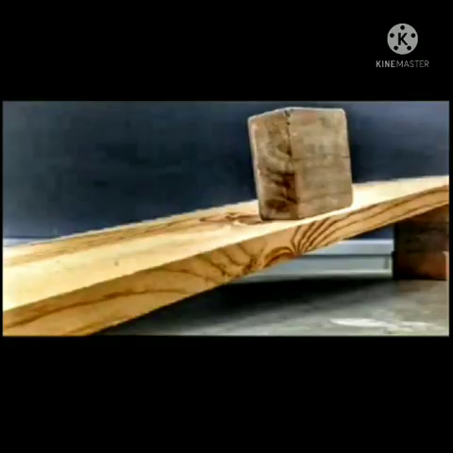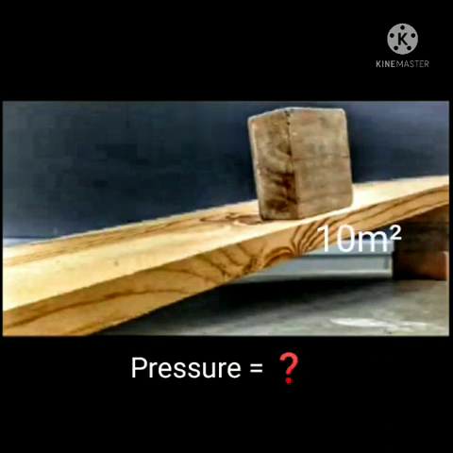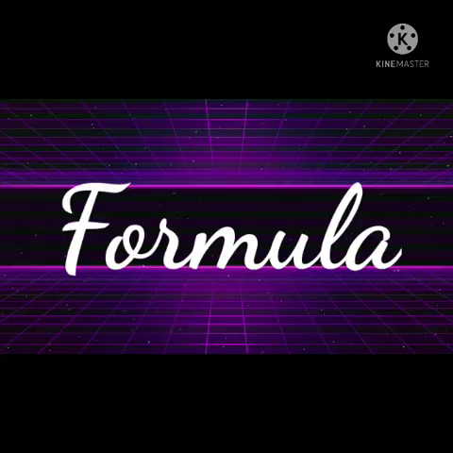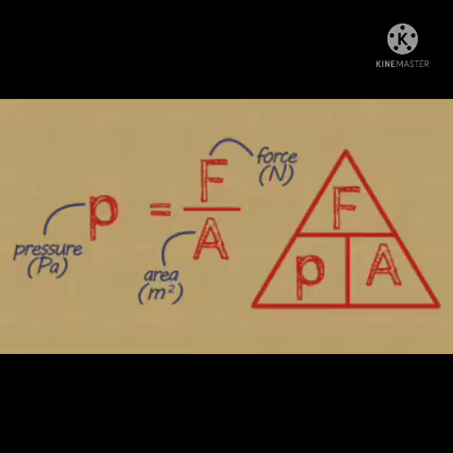Force exerted by the solid object on the wooden plank is 250 Newton. Area of contact between the wooden plank and the solid object is 10 meters square. We will find the pressure exerted by the solid object on the wooden plank. The formula is pressure is equal to force by area.